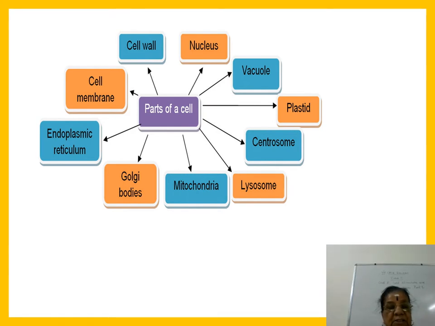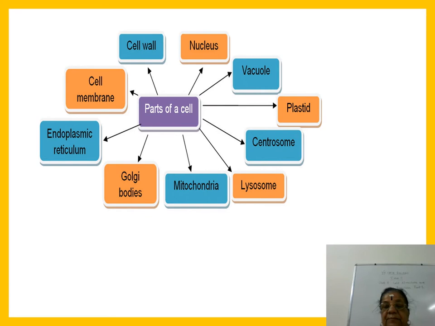Okay, so these are the contents of the cell structure, the parts of a cell. Otherwise, we say the parts of a cell: for a plant cell, cell wall and cell membrane; for an animal cell, it is only the cell membrane. And then nucleus, vacuole, plastid, centrosome, lysosome, mitochondria, Golgi body, endoplasmic reticulum and ribosome.